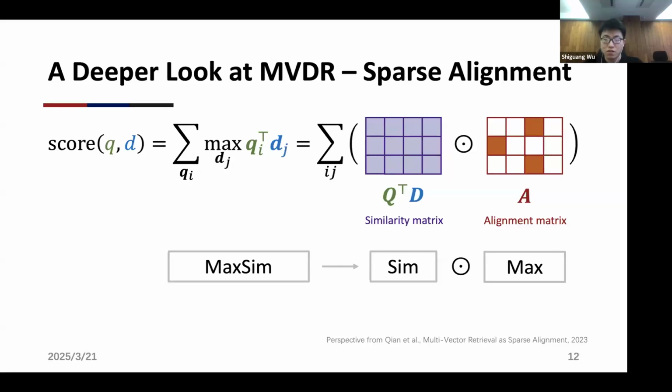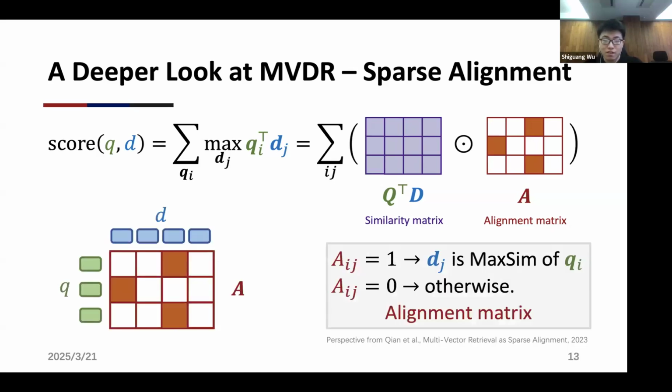Actually, this is what their paper proposes: a framework with a similarity matrix and an alignment matrix. For ColBERT, the alignment matrix entry is 1 if the document token is the maximum for the query token, and 0 otherwise.